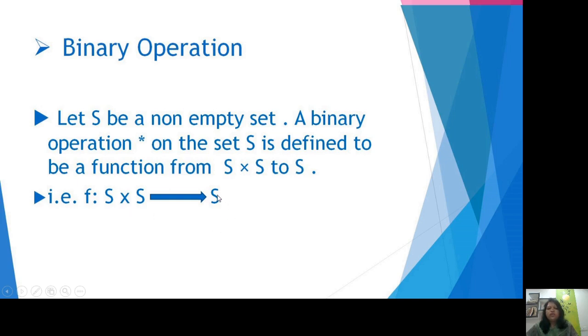So the elements in this codomain S are elements of set S. So this star is a function, that means every element in this cross product has a unique image in that set S.